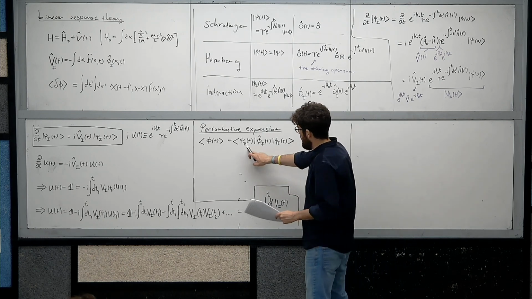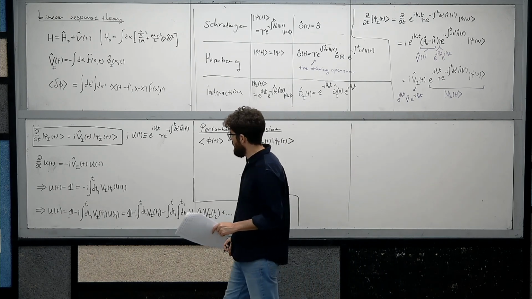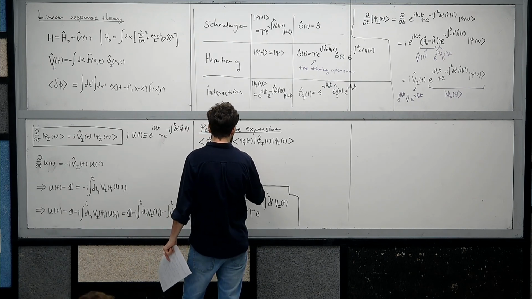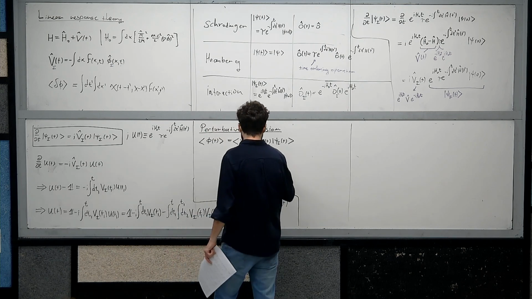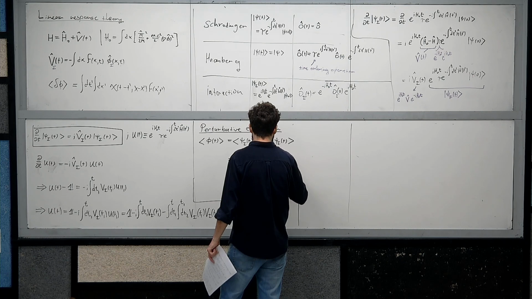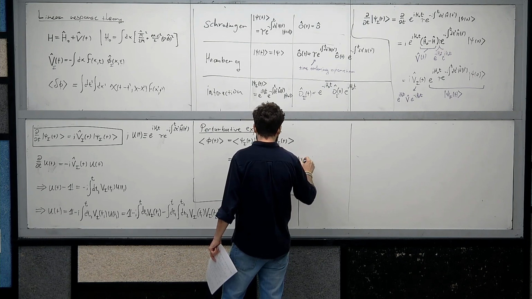And then this thing is equal to psi of 0, u dagger of t, phi_I of t, u of t, psi of 0.